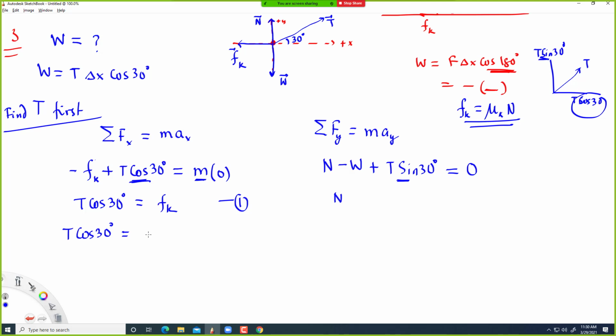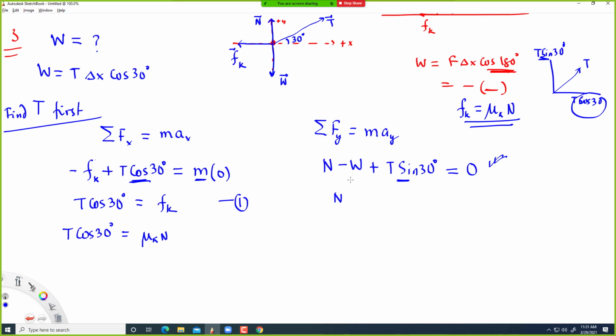So mu k times N. So to find T we need N. So we can use this equation to get the expression for N, and then use that in this expression.